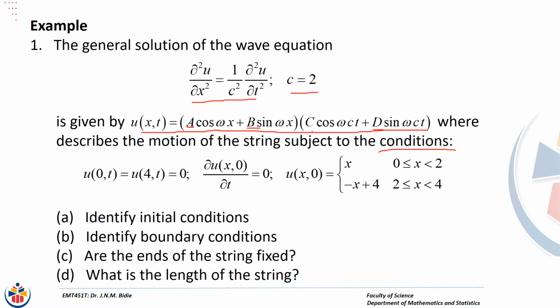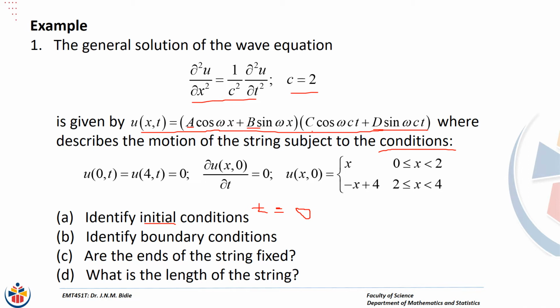Now, the first thing that we've been asked to do is identify the initial conditions. Remember, when we say initial conditions, it means time t must be equal to 0. Then we say that's an initial condition.